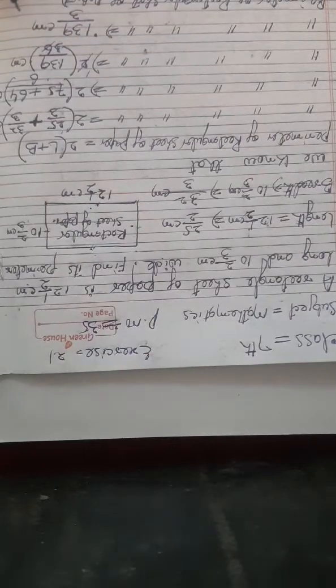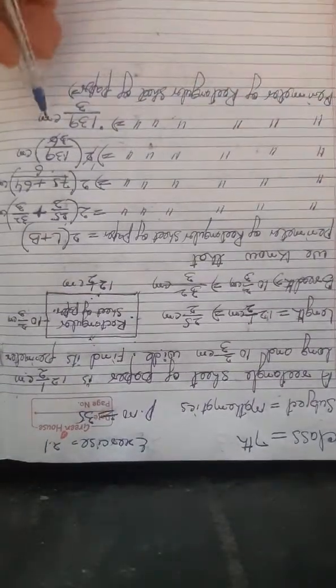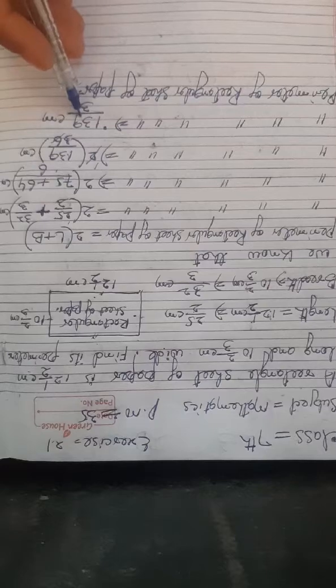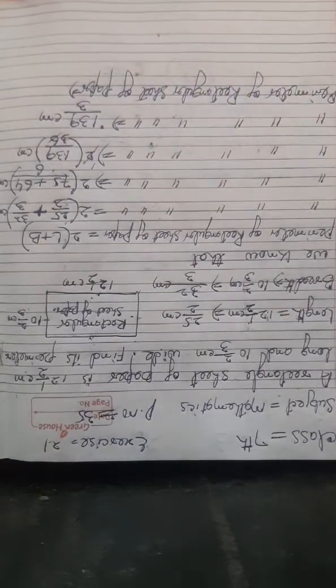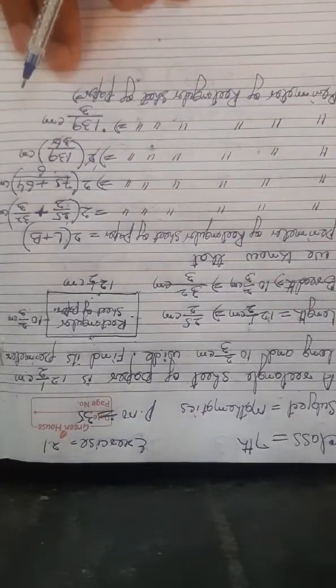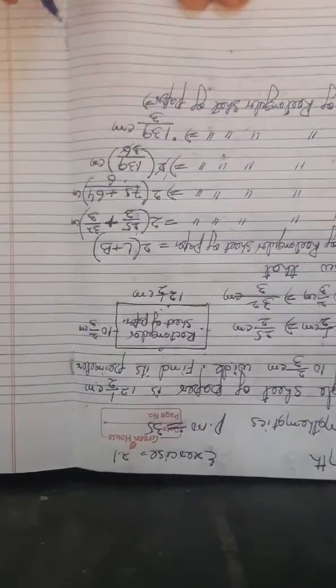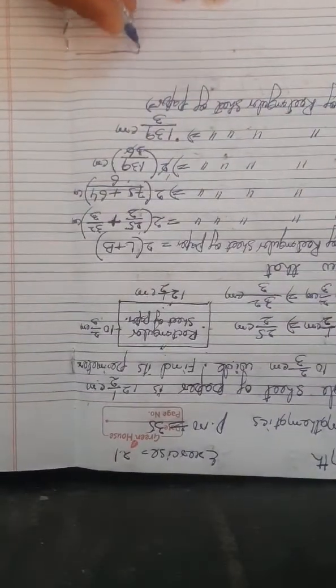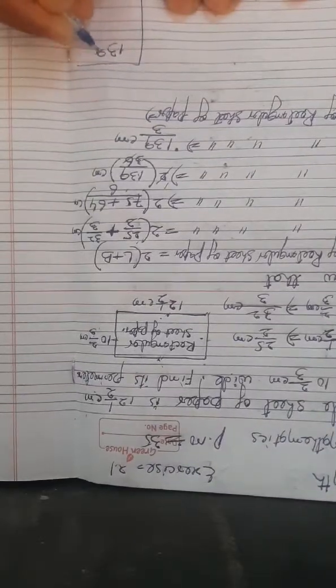This is also the solution of this question, but this is an improper fraction. We will write this improper fraction as a mixed fraction. How will we convert this improper fraction into a mixed fraction? We will make a rough here. Here the rough is 139 divided by 3.